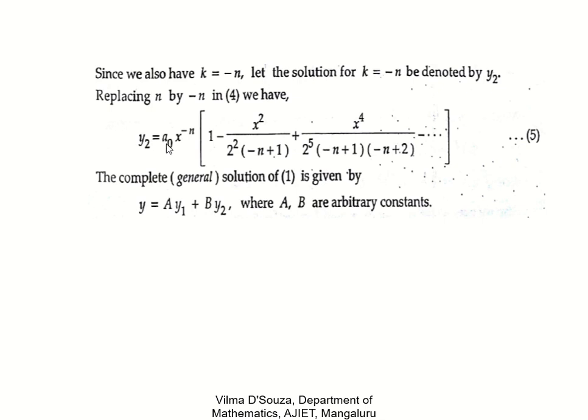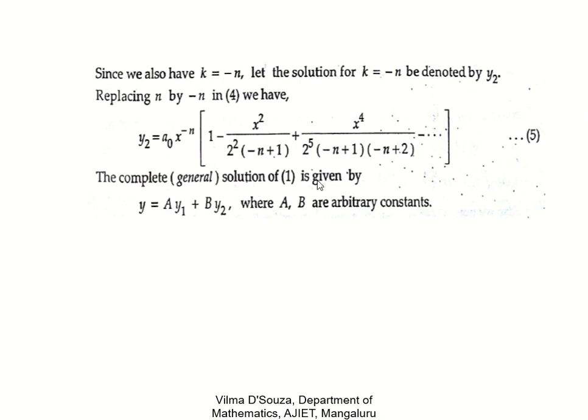So y2 is equal to a naught into x power minus n into 1 minus x square divided by 2 square into minus n plus 1, plus x to the power 4 divided by 2 power 5 into minus n plus 1 into minus n plus 2. Let this be the solution when k is equal to minus n.